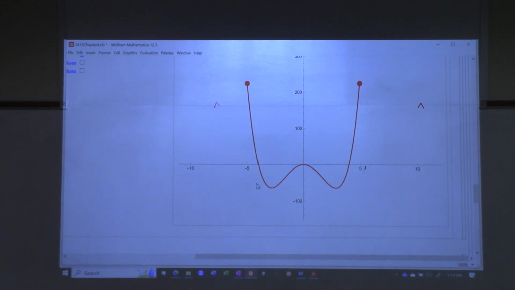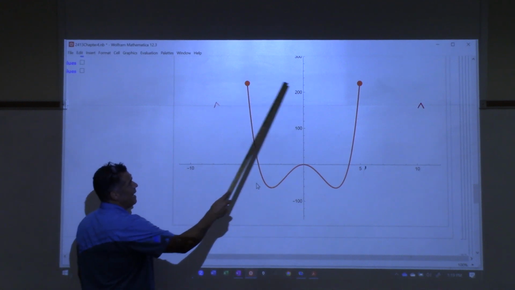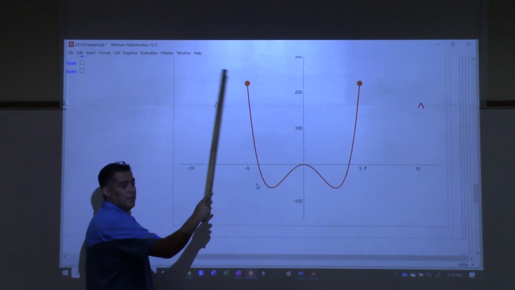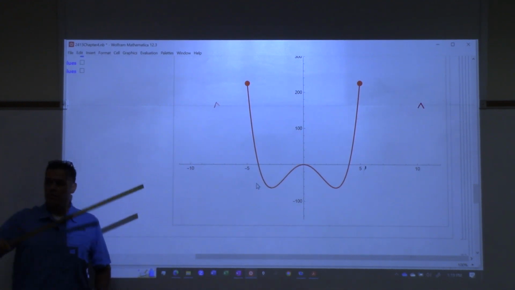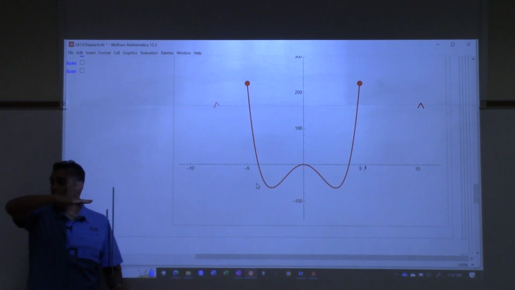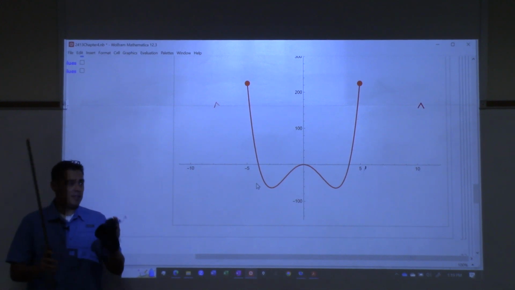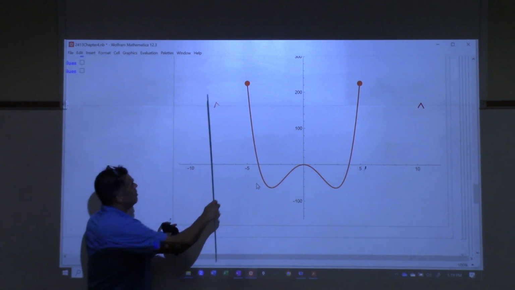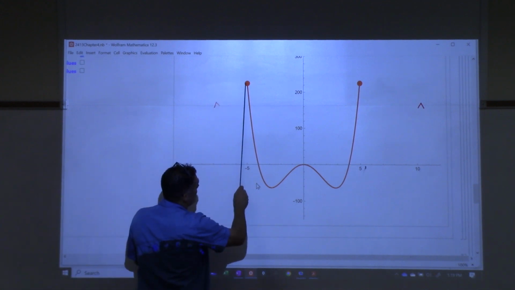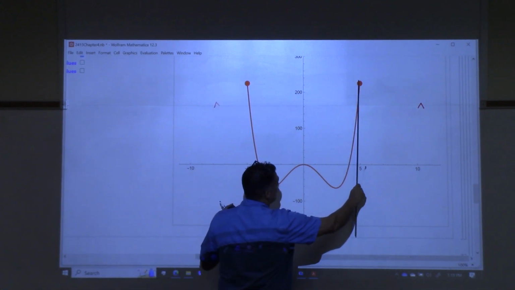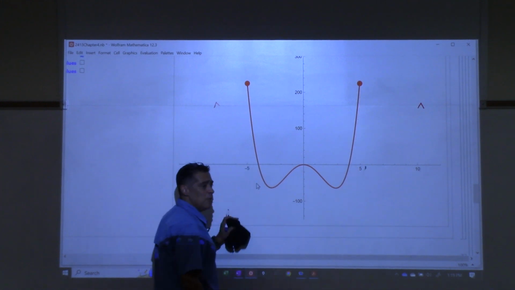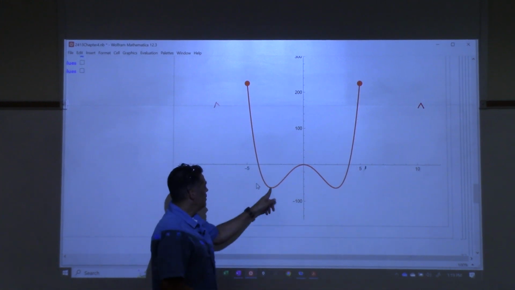Do we have an absolute max? Yes, right? This point and that point both give you the same y value out, don't they? So the absolute max is whatever that y value is. How many different places does it occur at? 2 different x values, right? This x value gives you that absolute max. This x value gives you that absolute max. Same thing with min, right? Absolute min, 2 different places.